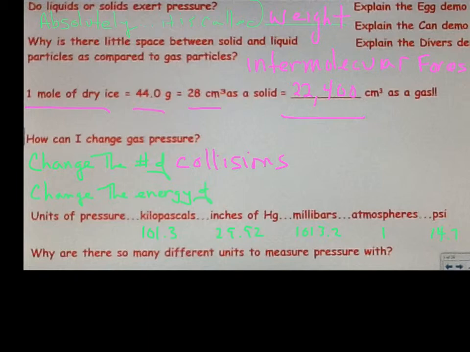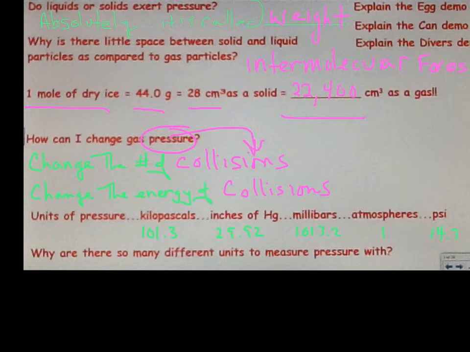I can add more or remove particles. The other way that you can change gas pressure is by changing the energy of, you guessed it, collisions. Okay, so again, think of pressure as being connected to collisions.